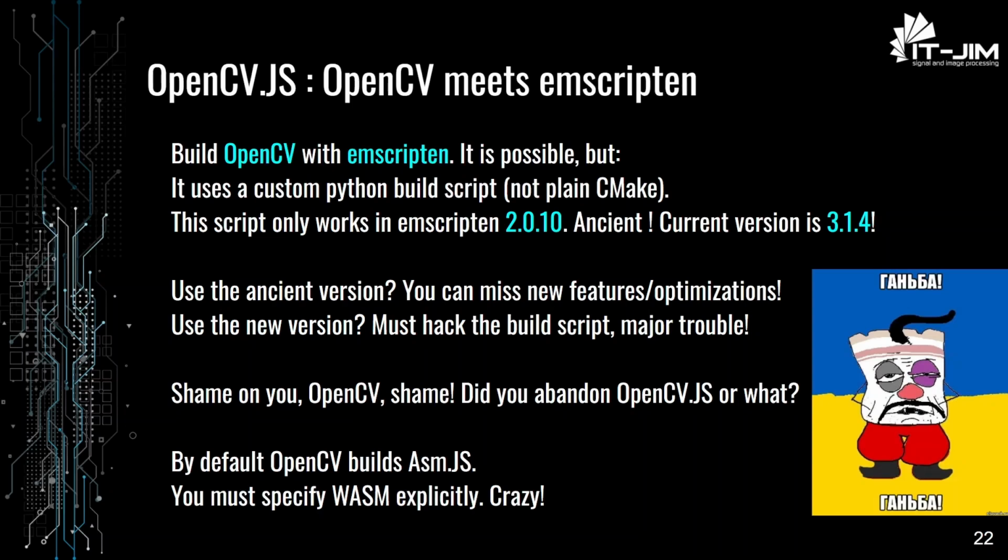Some people try to do that, I didn't yet. What I can say, shame on you, OpenCV, really shame. Did they abandon OpenCV JS or what? Because their build script only works on really ancient Emscripten. Also, by default, OpenCV builds asm.js, so you have to specify WASM explicitly, which is a bit strange.